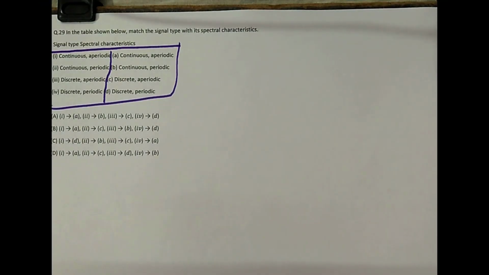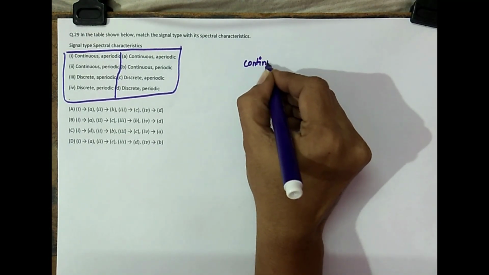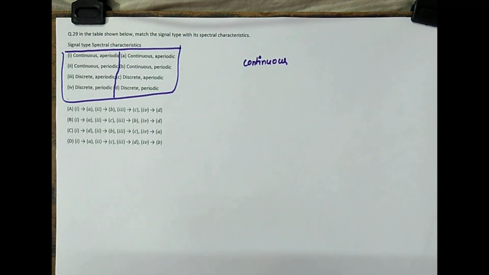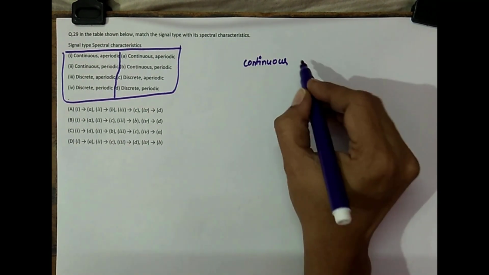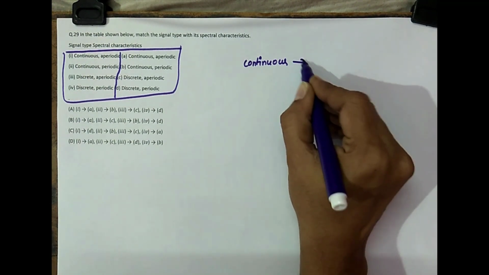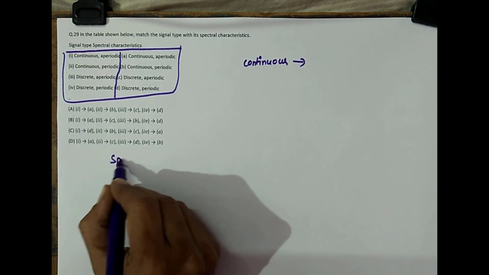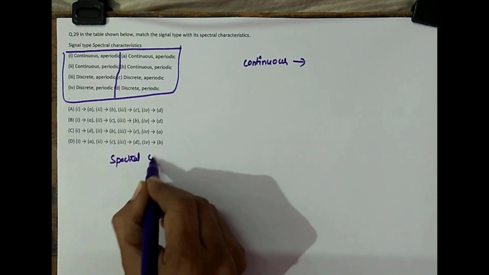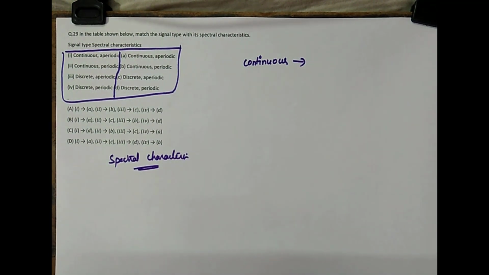The question is about the spectral characteristics. I'll tell you about the spectral characteristics of various signals. Try to remember all these points. For continuous signals, before that, let me explain what spectral characteristics are.